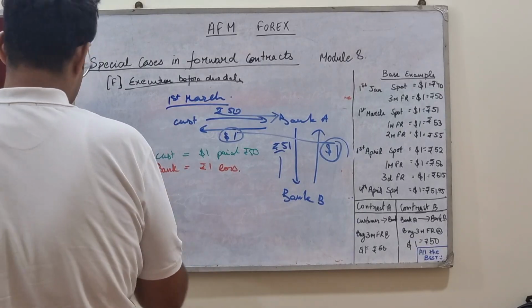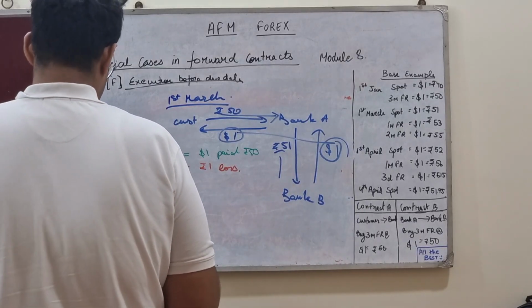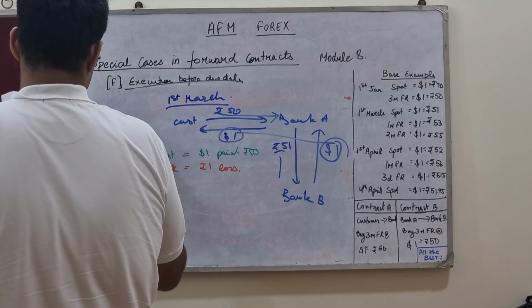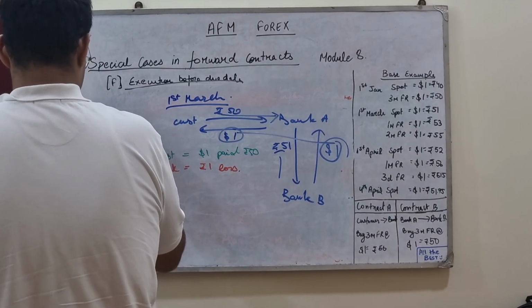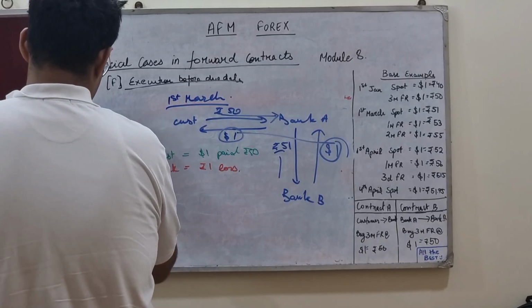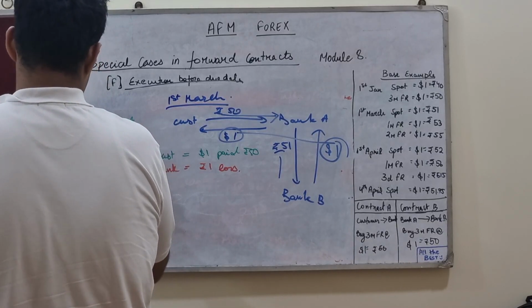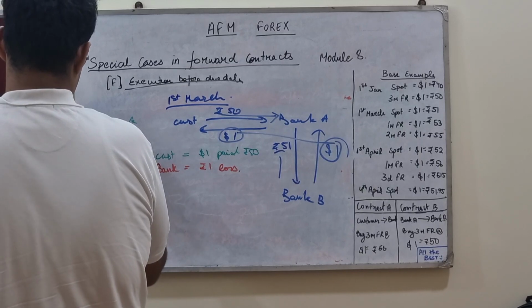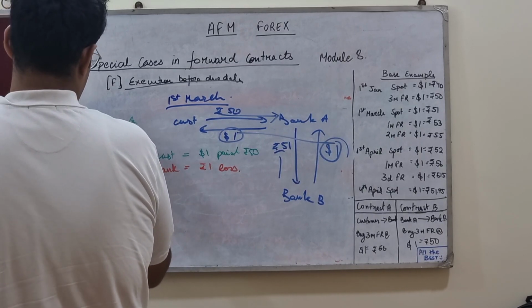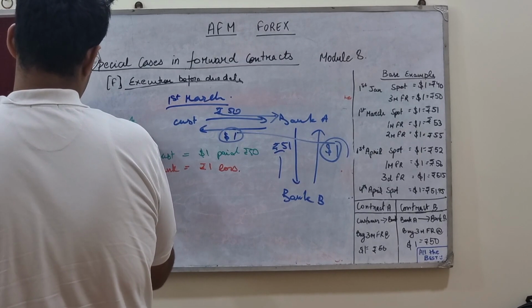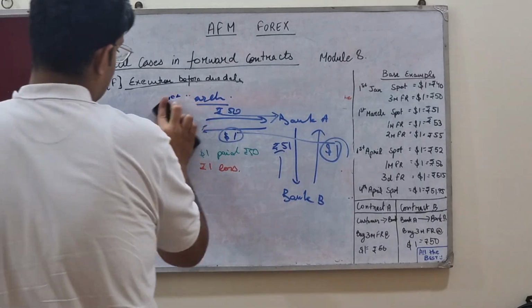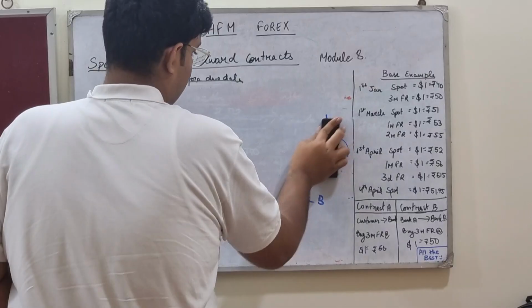Now I'll just write this over here. Customer and then bank. Alright, rupees 50 for $1 and then rupee 1 loss. Alright, this is basically on 1st March.